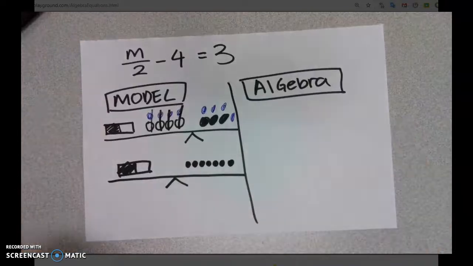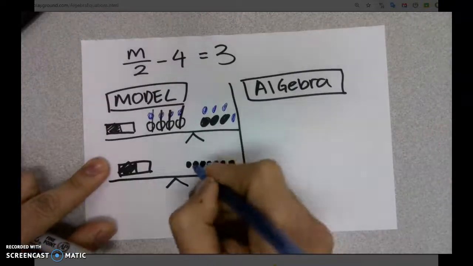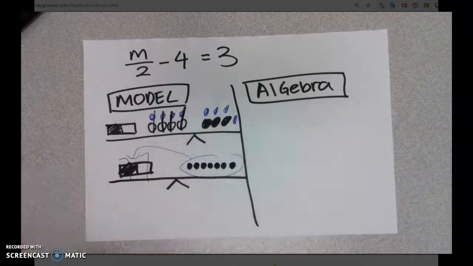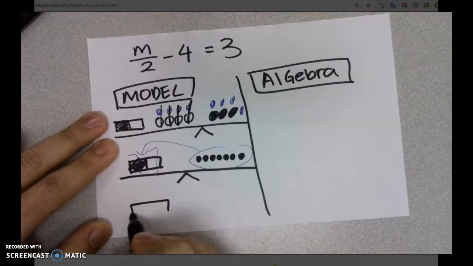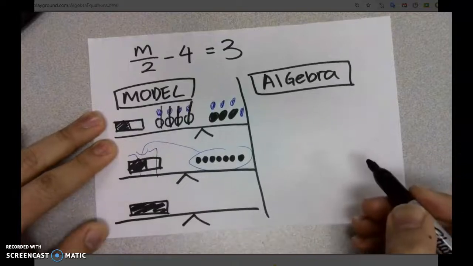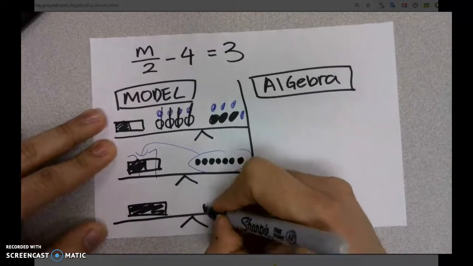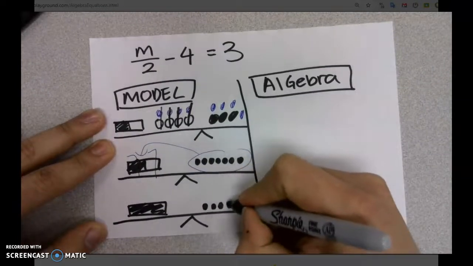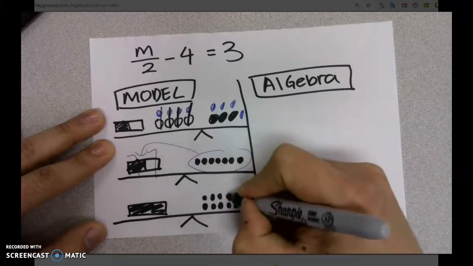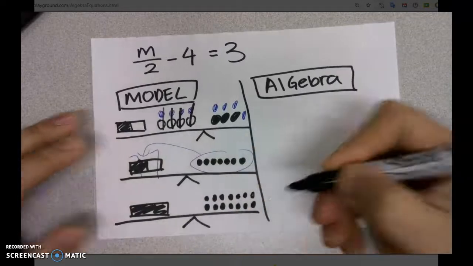Now, you can definitely see half of it is 7. So if this is 7, this is also 7, right? So my final answer, my whole bar, is actually, what's double of 7? 14. 1, 2, 3, 4, 5, 6, 7, 8, 9, 10, 11, 12, 13, 14.